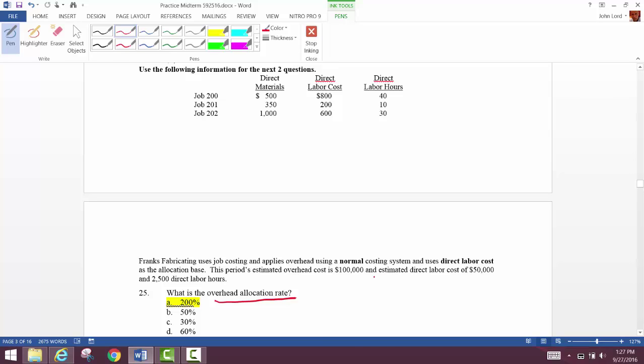Based on direct labor costs. Okay, so we're going to do what? We're going to put the estimated overhead in the numerator, 100,000. We put the driver in the denominator, right? 50,000. Right? So that's the 200%.